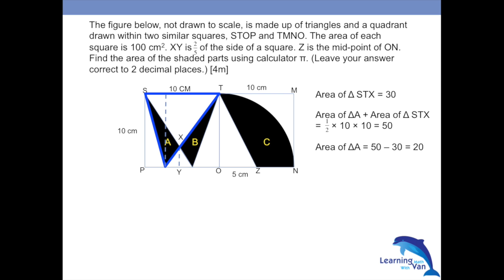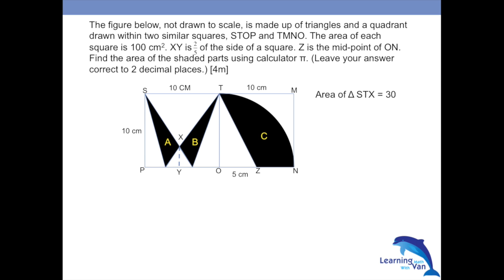Can I say that A and B are identical? I can't, because there's no information for me to prove that. So what I could do is take a look at this diagram again. Now, I shade this part, another set of triangle. And in this case, the same thing. If I were to add triangle STX to triangle B, I'll see another big triangle, similar to what I've seen just now, with the same base and the same height.